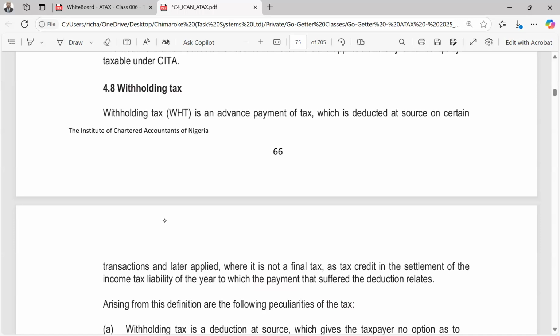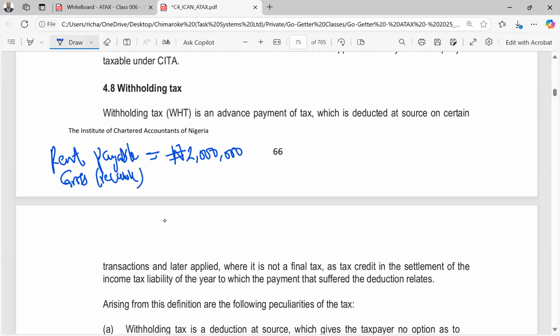Let's say this is gross rent payable, or receivable by the landlord. Now, you deduct withholding tax of 10%.